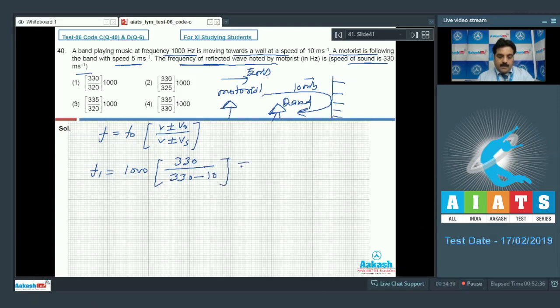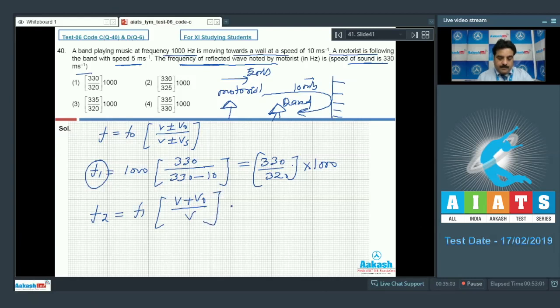So when I calculate, we'll get 330 upon 320 into 1000. But when the motorcyclist is moving towards the wall, then I will use F2 from F1, because for this frequency I will use V plus V0 over V.